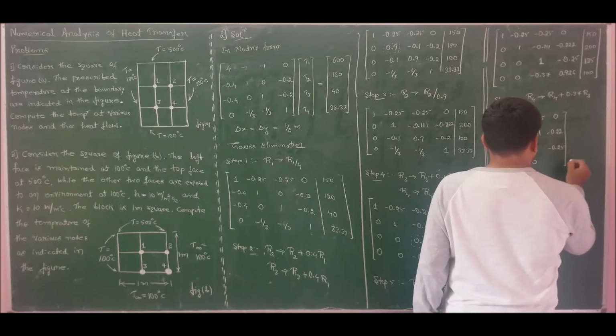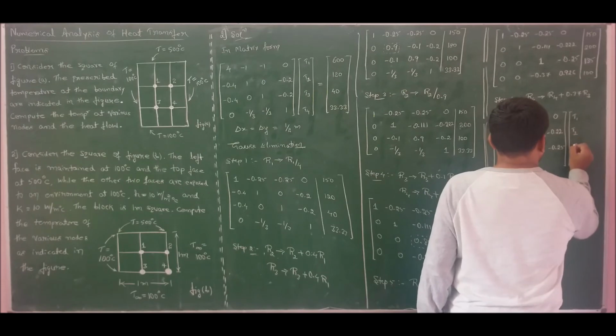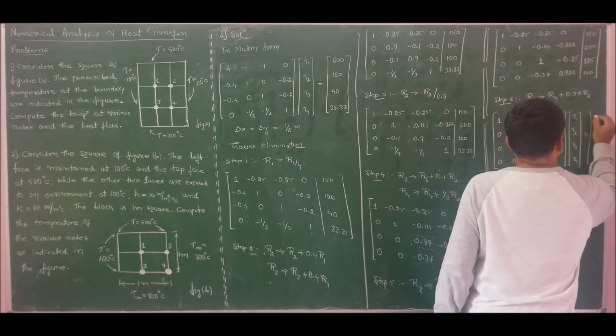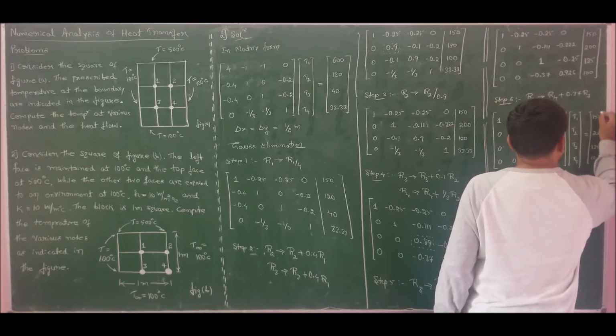Let me calculate the value. We have T1, T2, T3, T4. This is equal to 150, 200, 135, 100.